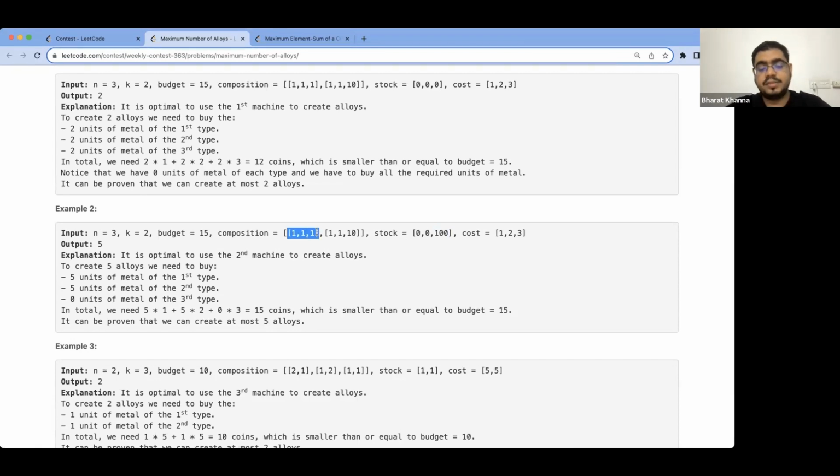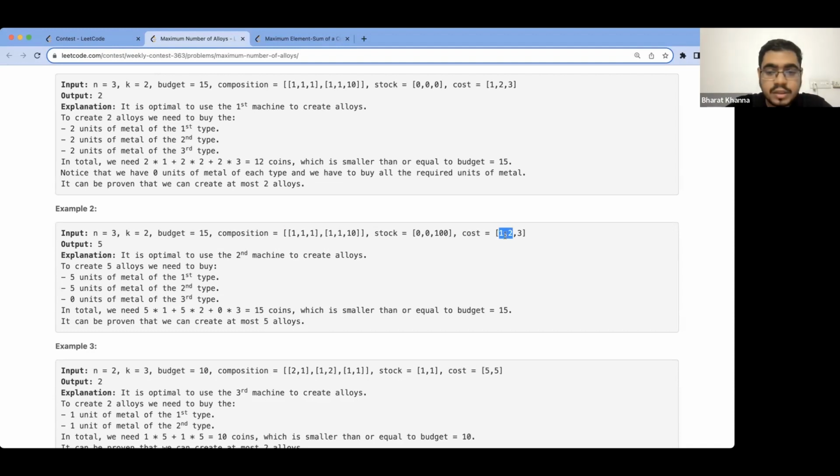Let's talk about the first case. To make one alloy, how much money do we need to spend now? Not 6. Why? Because the third metal, we already have a lot of it. Yes or no? We can use it from our stock, right? We would only need to buy the first 2 metals, which will take 3 rupees.